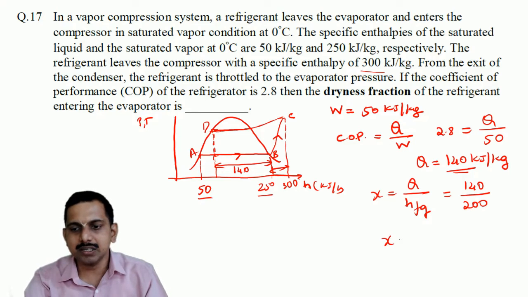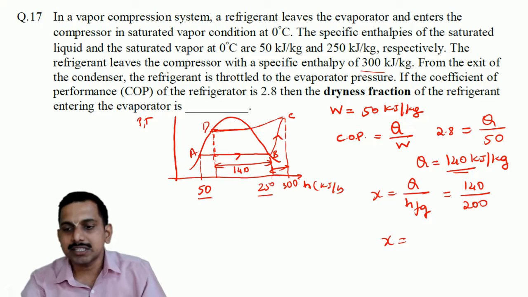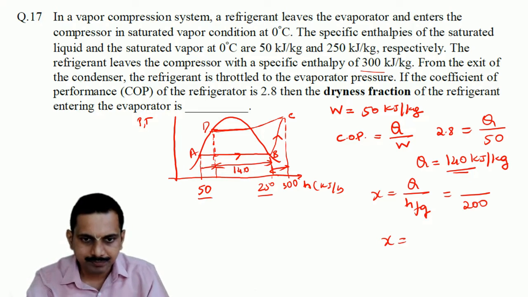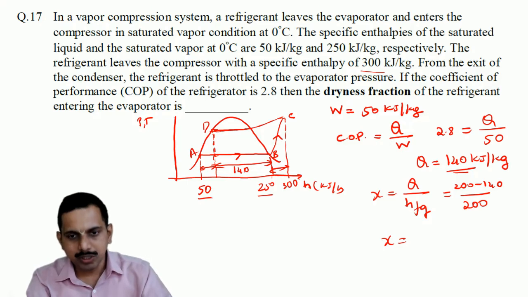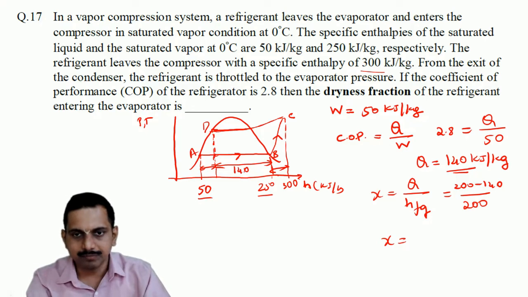So the answer we will get is not 140 over 200, it's 200 minus 140. I am sorry, dryness starts from here. X starts from here. So it is 200 minus 140, because as it goes over here, it becomes more and more dry. So it is on the wetter side, correct?